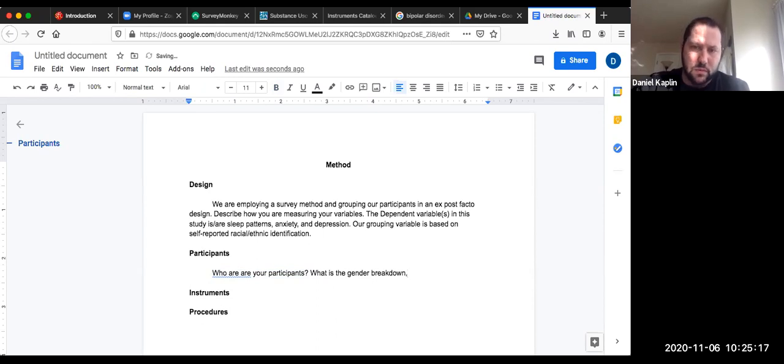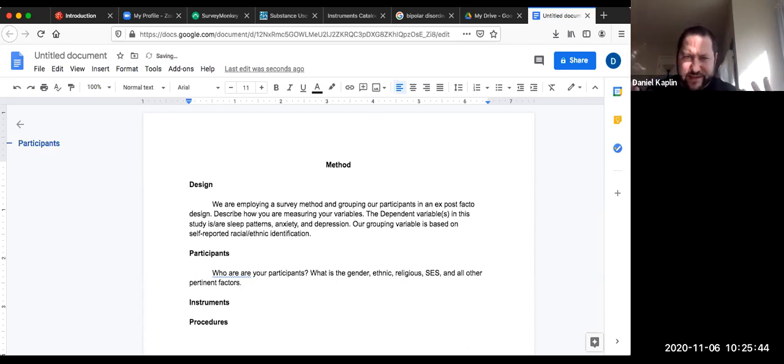Ethnic breakdown? I actually could just keep writing the categories. Ethnic, religious, if that's important to you, SES, socioeconomic status, and all other pertinent variables, factors.